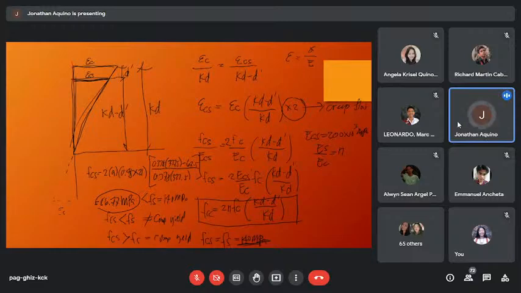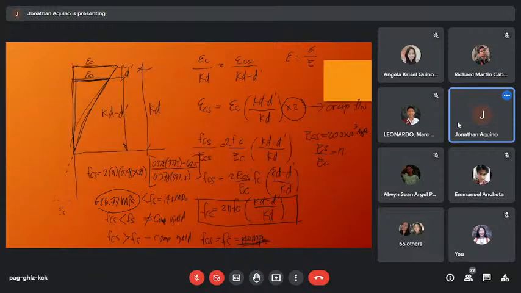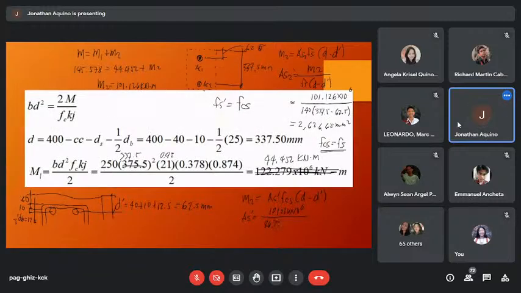Okay? So knowing the value of FCS, we can now solve for AS prime, compression steel. So AS prime is equal to M2, 101.126 times 10 to the 6 divided by FCS of 86.77 times D 337.5 minus 62.5.